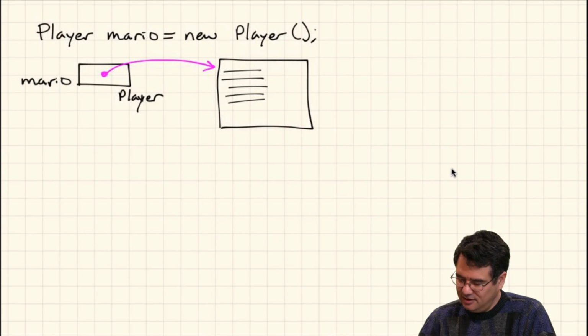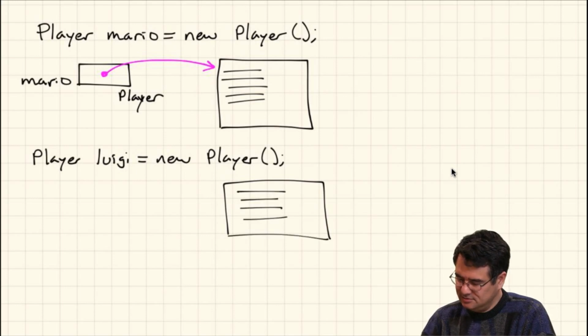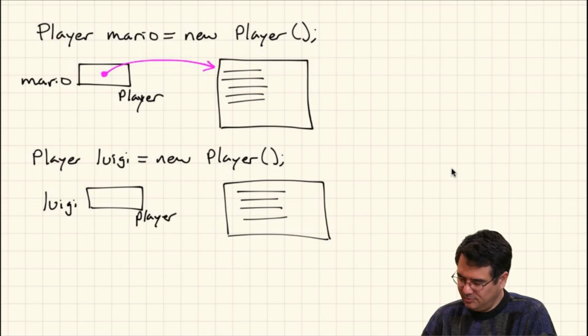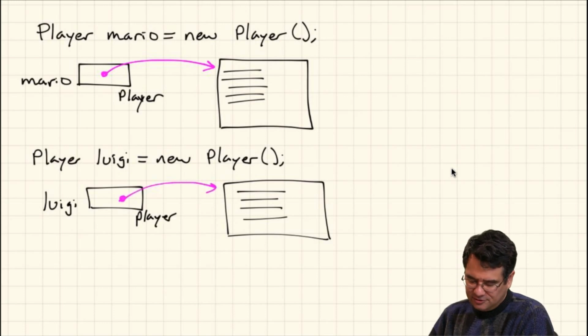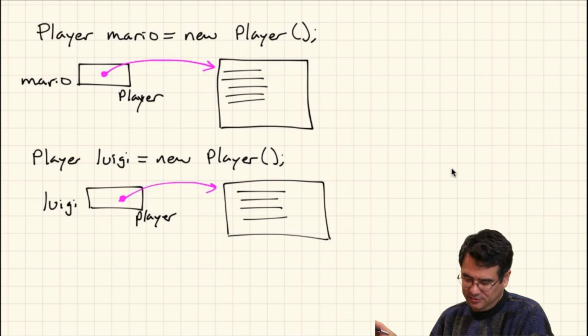So if we have another player, let's say player Luigi equals new player, then of course we end up with another box that contains the actual player information, and a fourth box that contains a pointer to the player object that holds the information about Luigi.